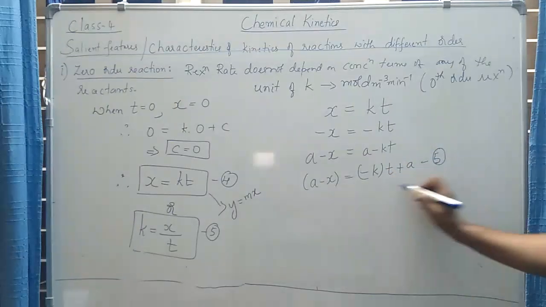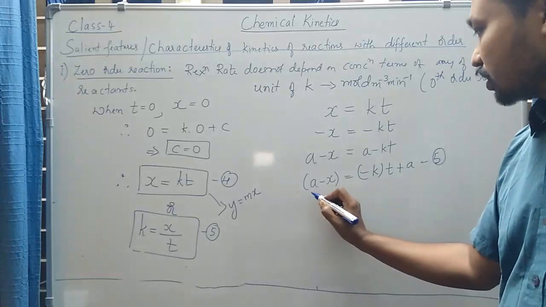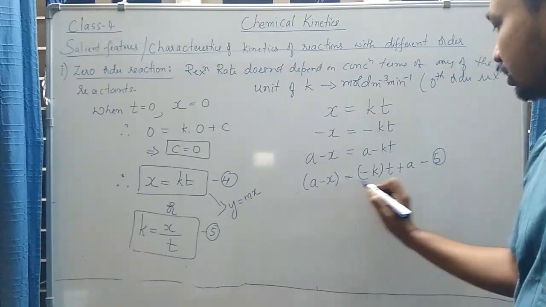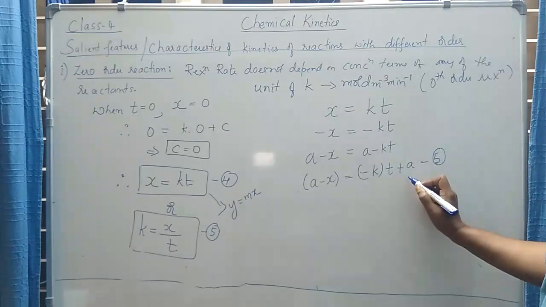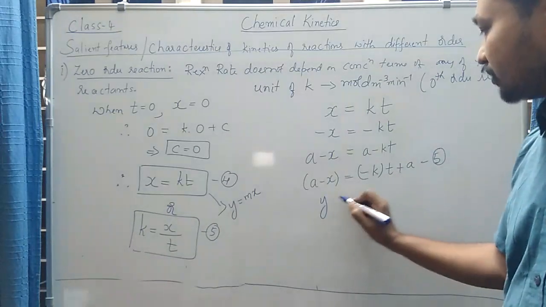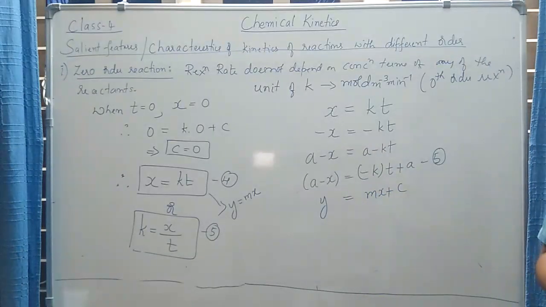Now we will look at this equation 5, which is also an equation for a zeroth order reaction. Here x is a variable, k is a constant, time is a variable, and initial concentration a is a constant. So this equation is also of the form y is equal to mx plus c.